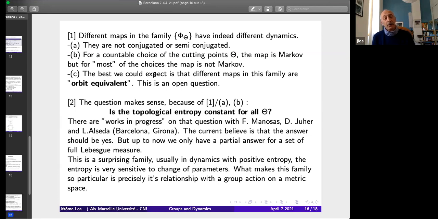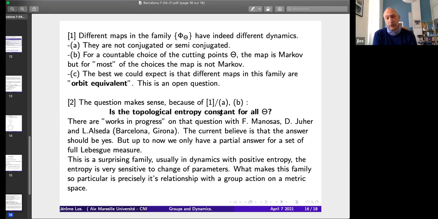And in the other direction, the maps that are Markov in that family have the same entropy, and the entropy is the volume entropy, by exactly the argument I used in my construction to prove that the volume entropy equals the topological entropy of the specific map I constructed.